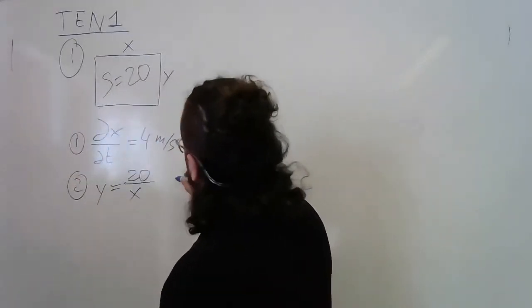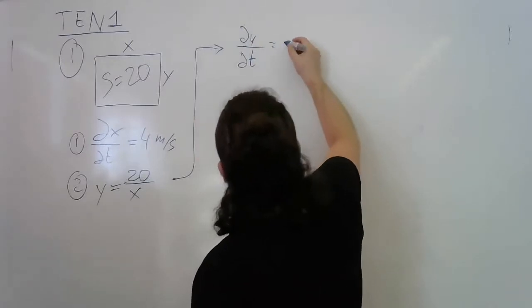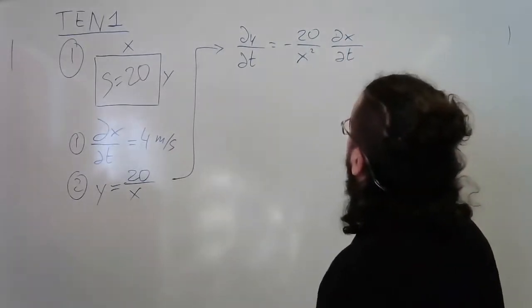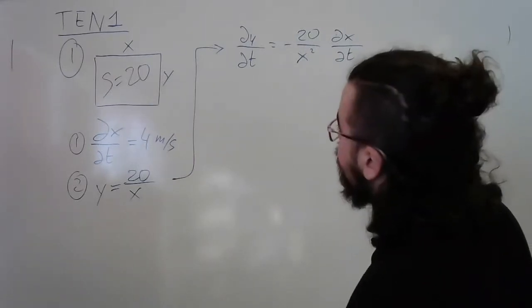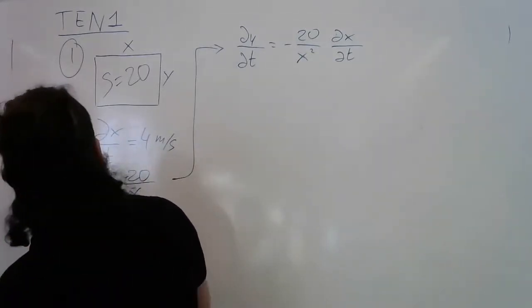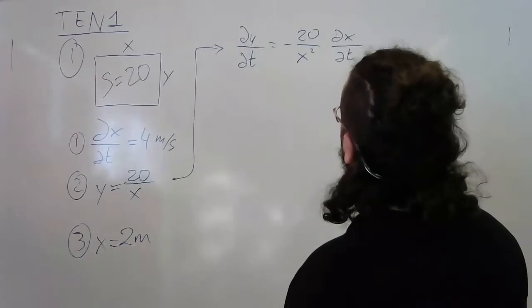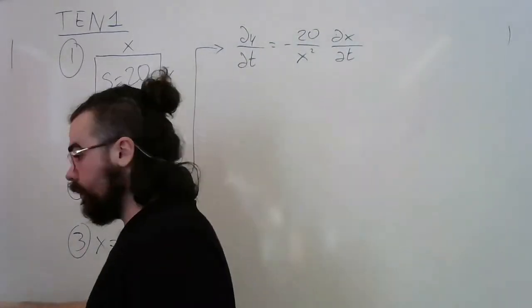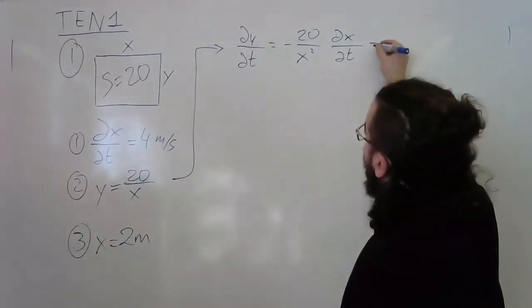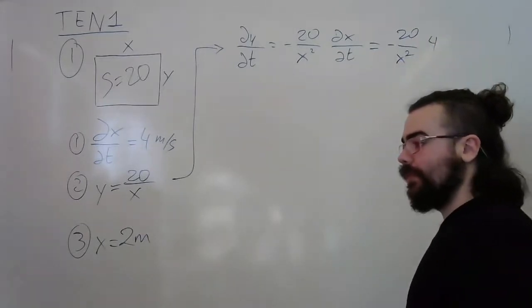So let's see. If we derive here, that thing over there, times 4.